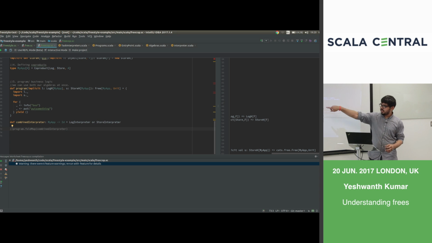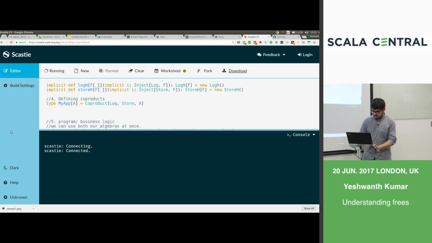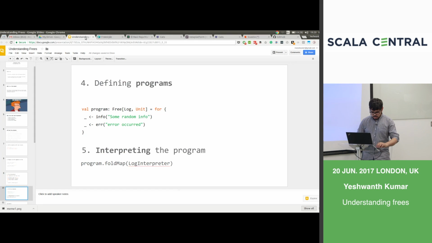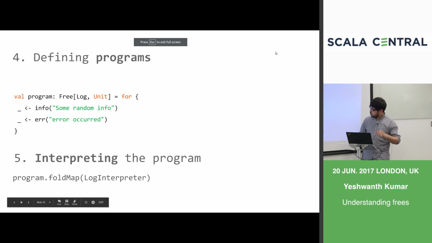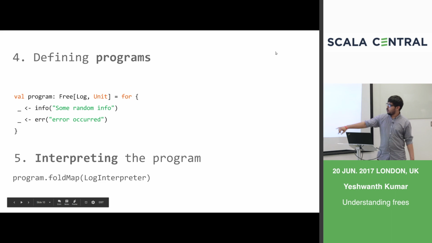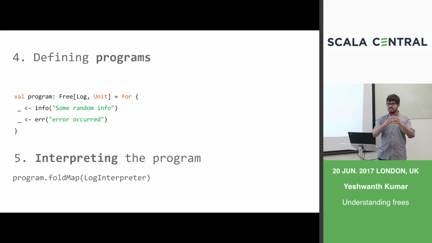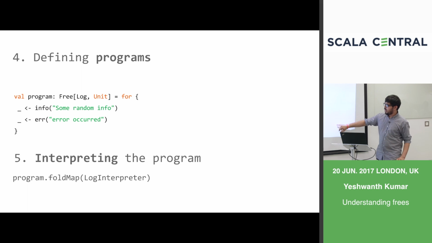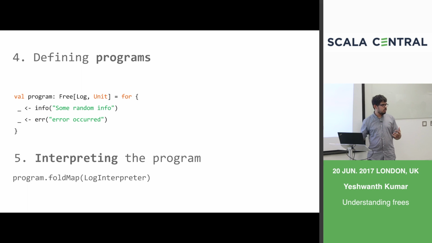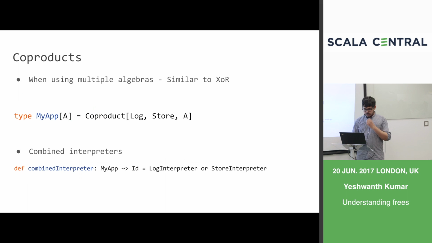This is where the actual interpretation happens, right? If you don't have this, everything else is pure. Your case classes, your smart constructors, and your program, everything is pure, and this is where you do the actual interpretation, right? So now we can combine multiple algebras together and do it as well.